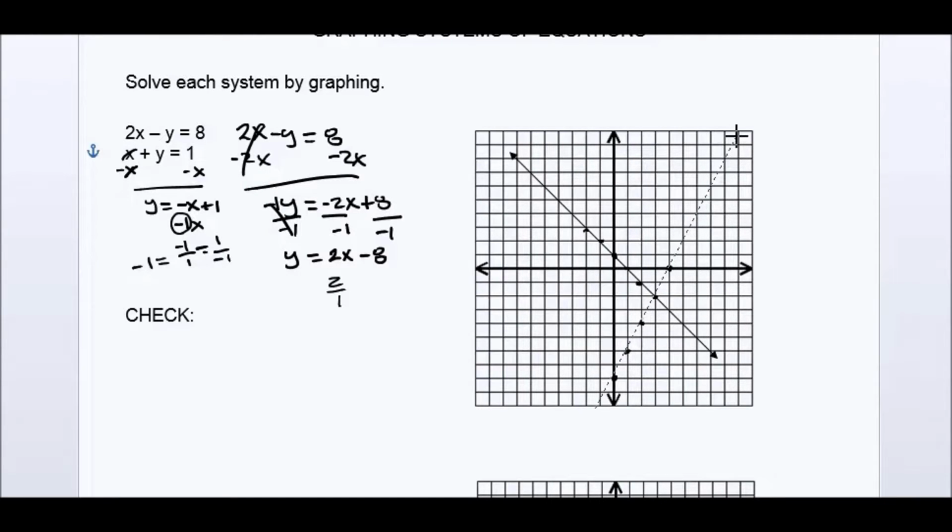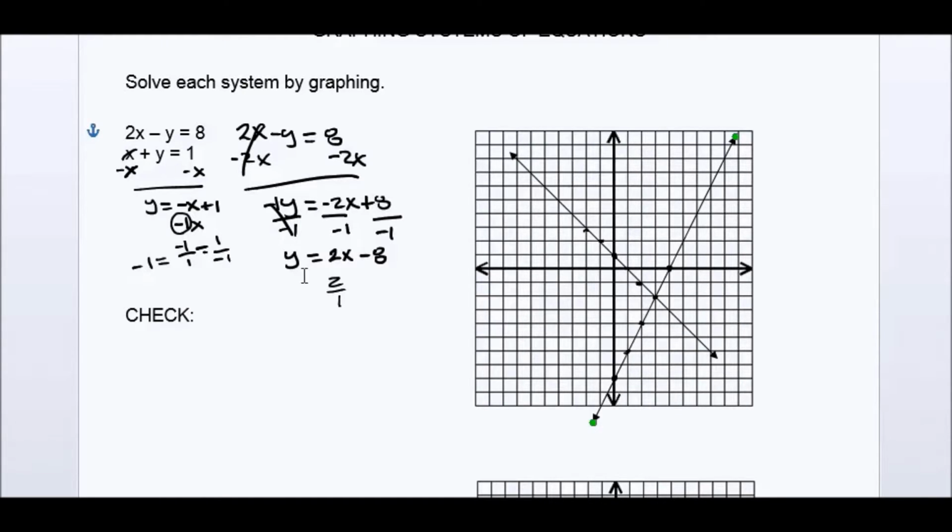So our solution is the point of intersection. Let me just move that a little more. So the point of intersection is the solution.